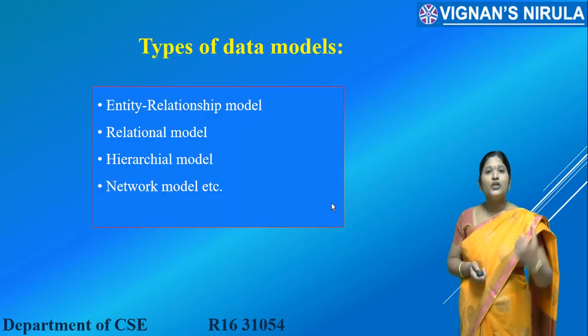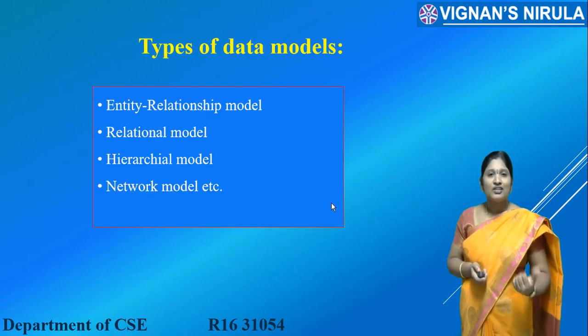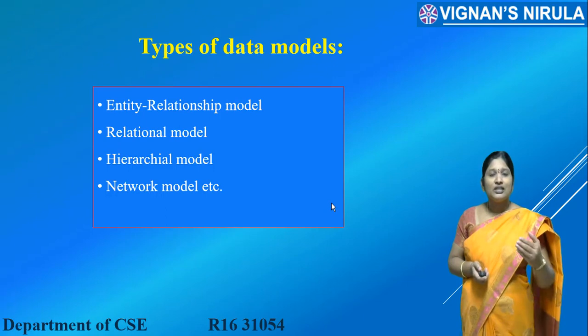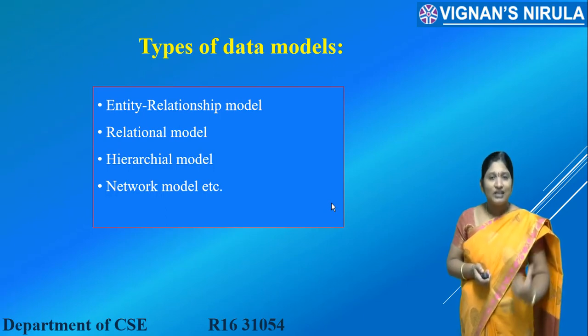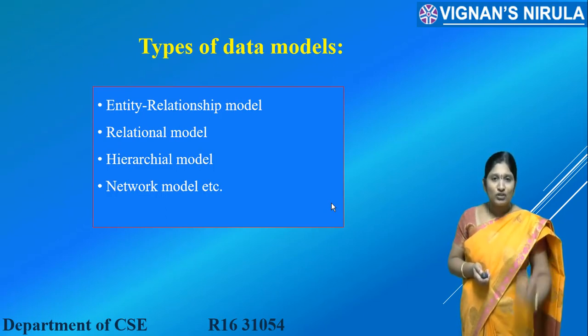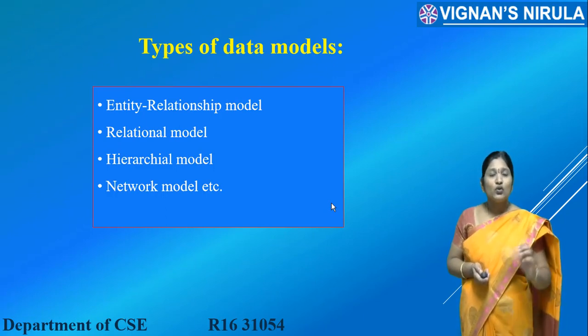As you already know, in your first unit there exist different types of data models, and especially these are the four categories that are very much useful nowadays also: entity relationship model, relational model, hierarchical model, and network model. And in your second unit, you are going to cover the ER model and relational model in detail, and how these models can be used in order to design the databases.